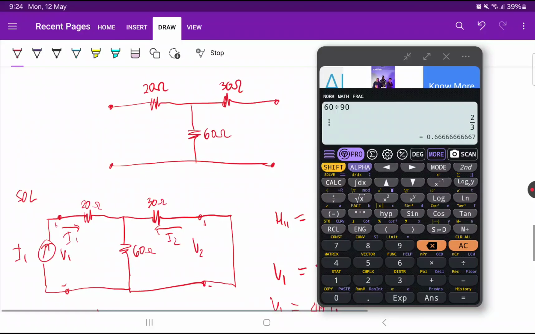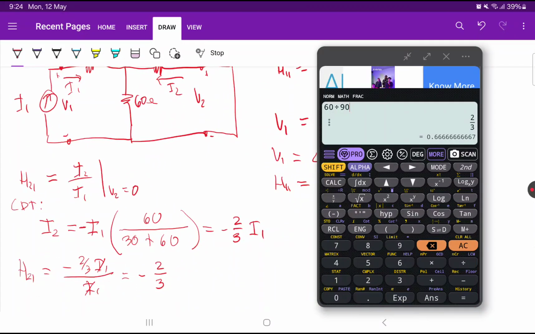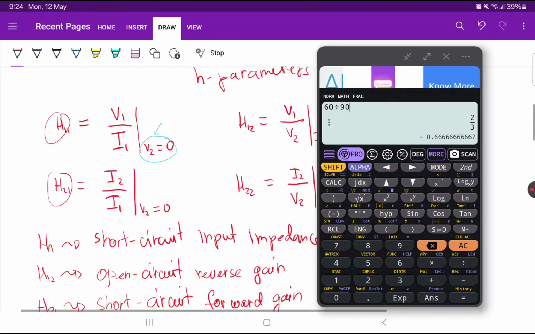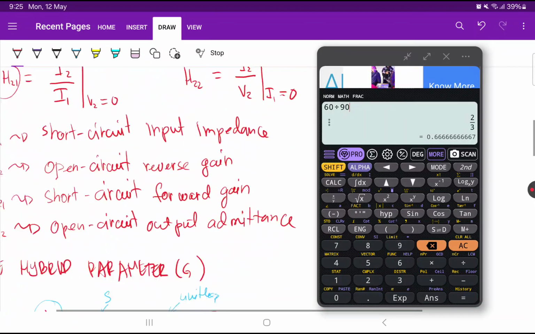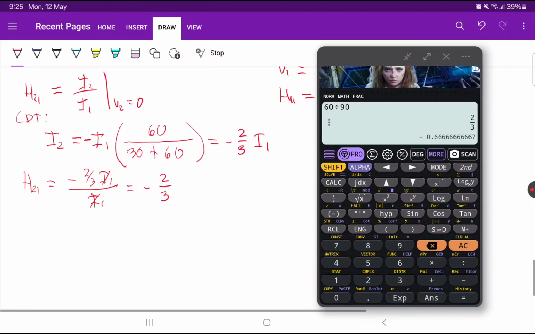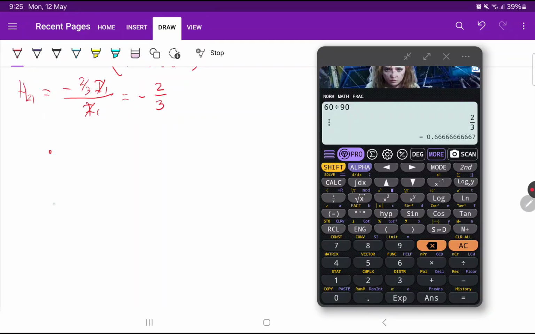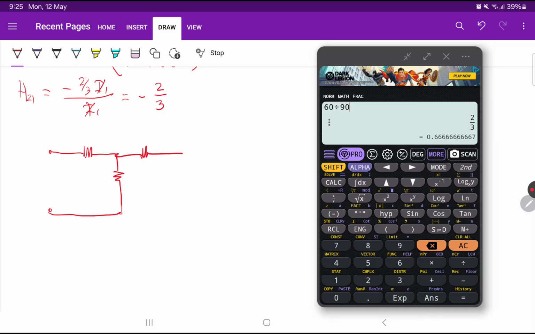But for H12 and H22, we'll make our input current I1 equal to 0, and to do that we need to open circuit our input side. So if this is the input side, you just make it open circuit. Then we can apply a voltage V2 at the output side.